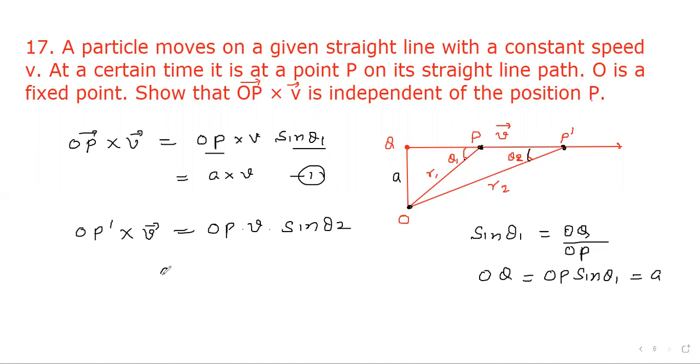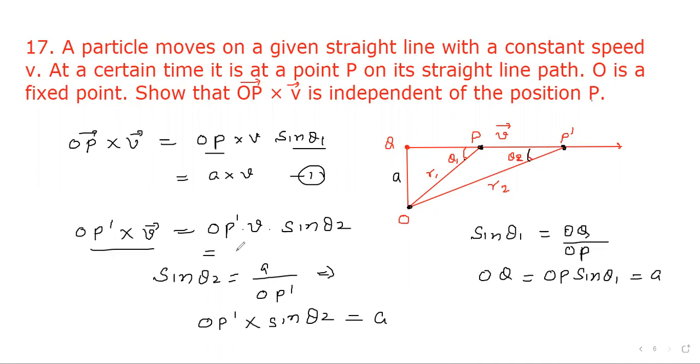Again, we get sine theta 2 equal to perpendicular, that is A divided by OP dash. So we can say OP dash into sine theta 2 is equal to A. So again, we get the value of this as AV. So in every case, we are getting the same thing.